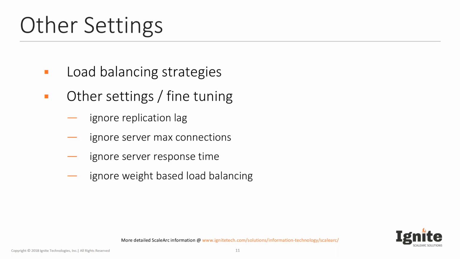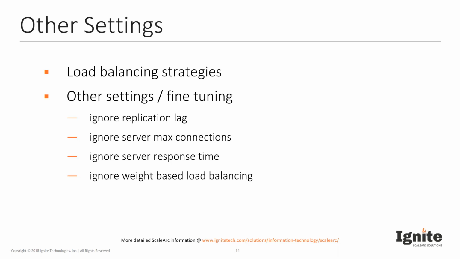And as you might notice below, I have 4 points, and yes, exactly, those are some of the aspects that this dynamic load balancing takes into equation: replication lag, the maximum amount of connections or the connections opened to the actual servers, the response time from the servers, and then the weight of the server.